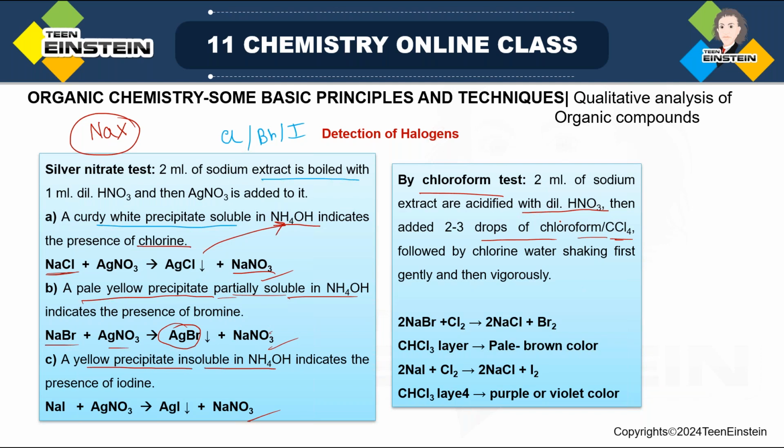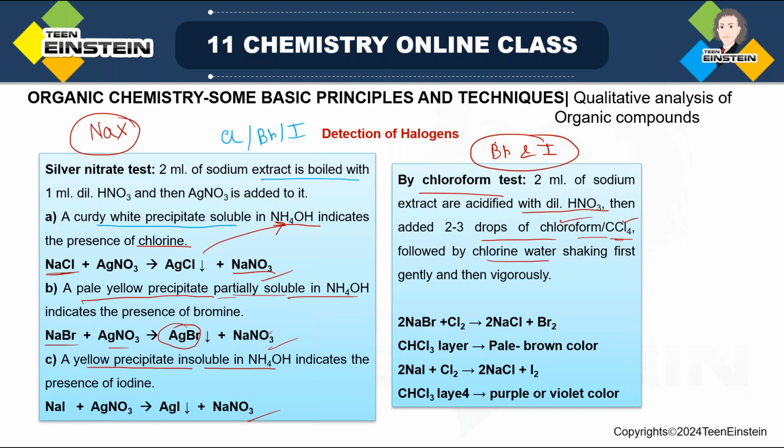These two are not used as reacting agents, they are basically used as solvent, followed by chlorine water. Now you may be thinking that we are doing a halogen test, so why are we adding chlorine water? Remember, this chloroform test is only for Br and iodine. It is not for chlorine, right?